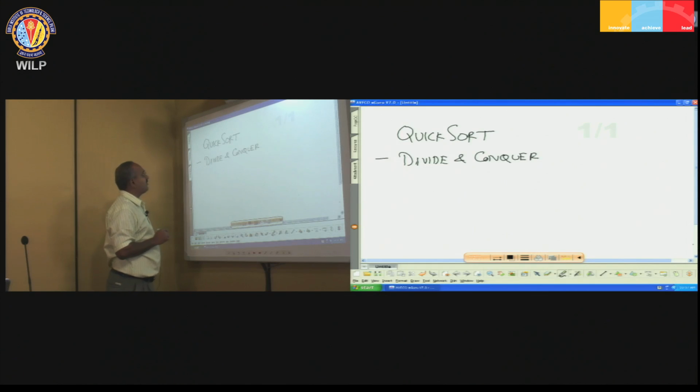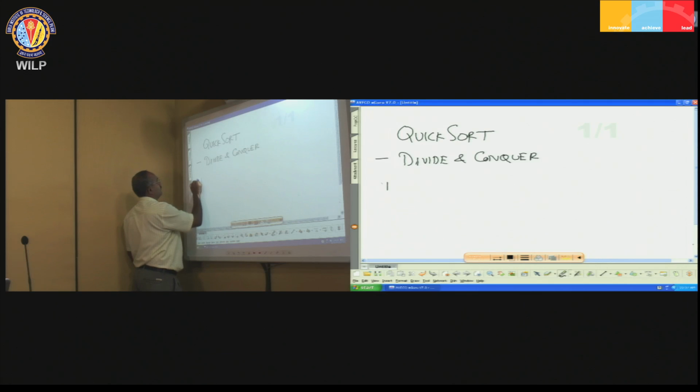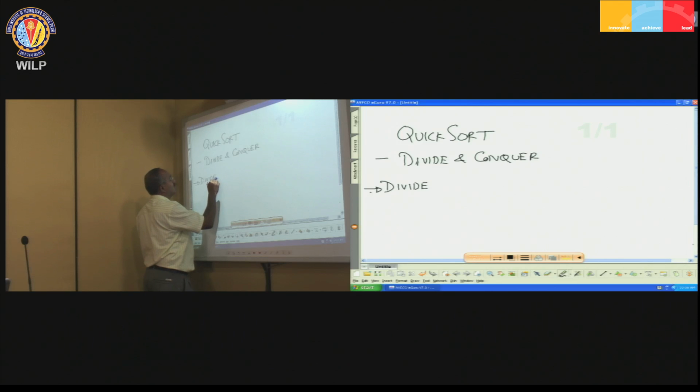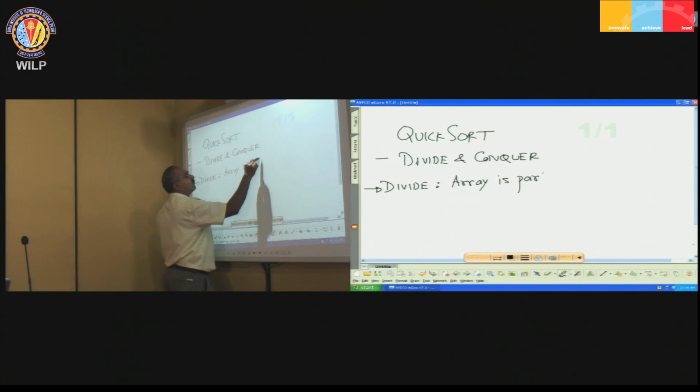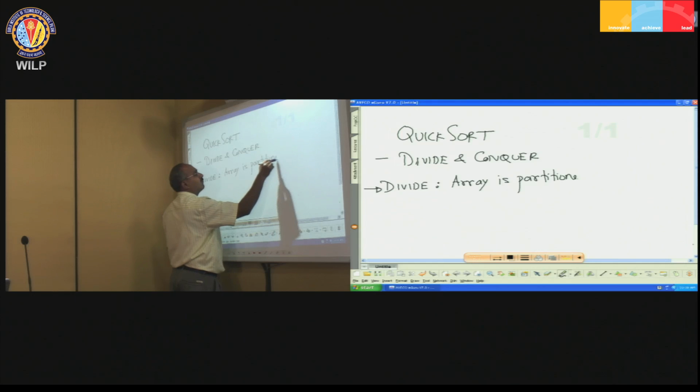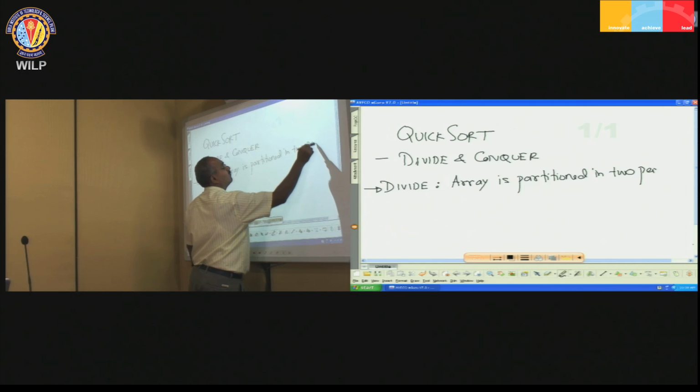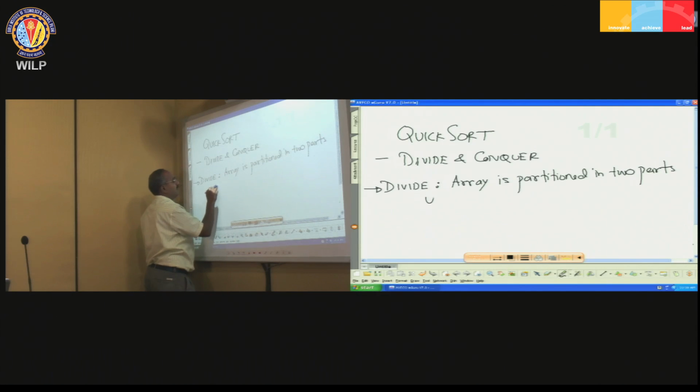So, what quick sort algorithm does is the following. The first step is the divide step. In this divide step, your array is partitioned in two parts using a pivot element.